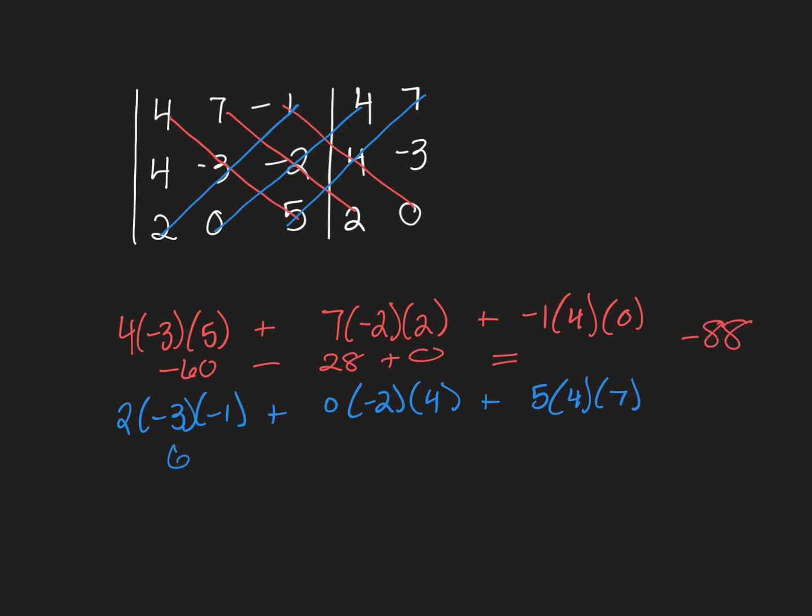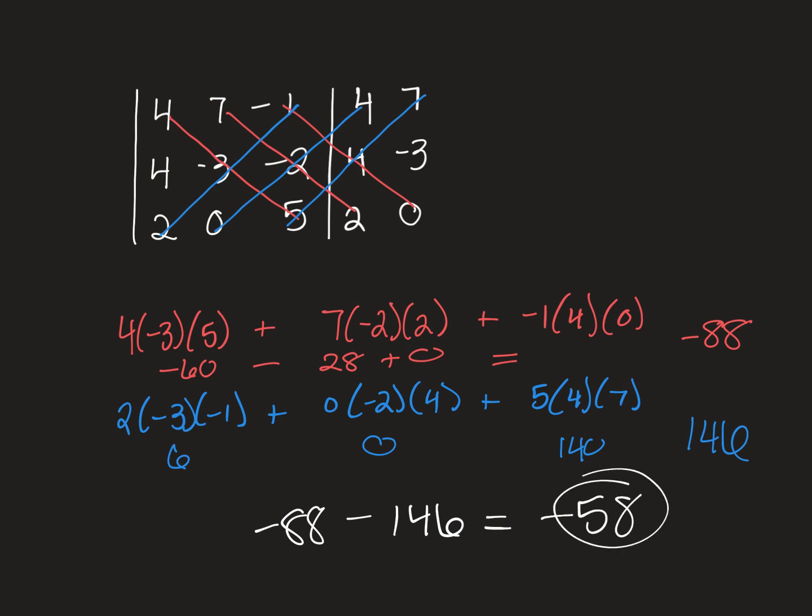And here we get 6, 0, and 140. So here we get a 146. Then you're going to do the red number minus the blue number, just like we did in the first one. So you get a determinant of -58.